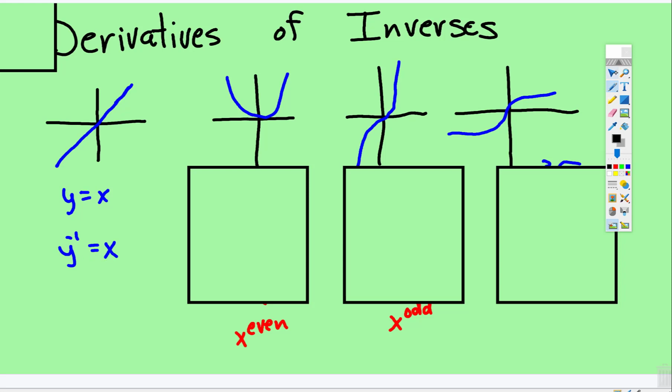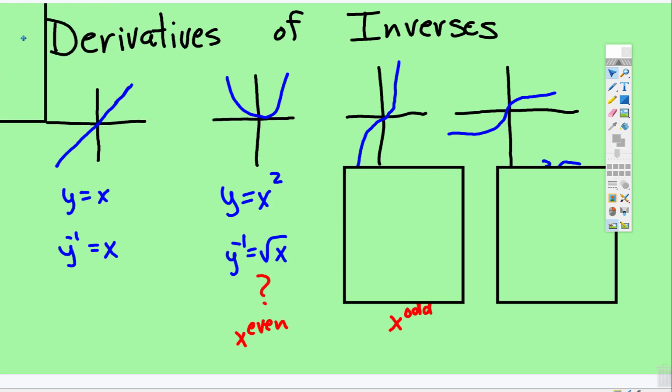But what happens when we find the inverse of a quadratic? You can't really take a square root of a negative number. So when you take the inverse of a quadratic, you have to specify for all the x's that are greater than or equal to 0, and then the inverse just becomes the square root graph.